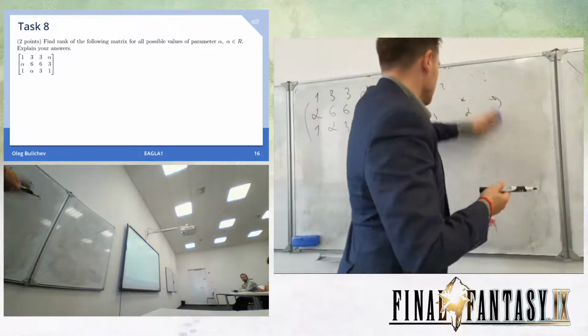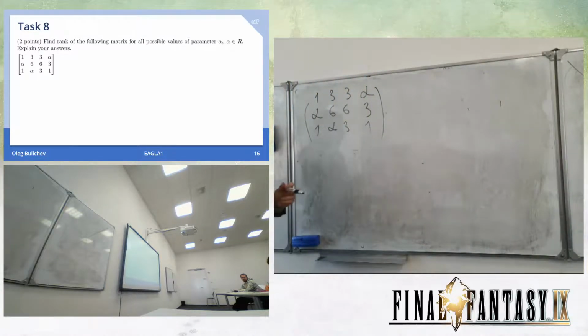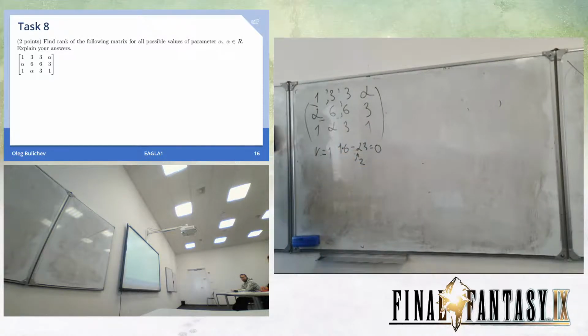What is the method? First of all, we need to find at least one 1 by 1 minor not equal to 0. Okay, at least rank 1. Nice. After this, 2 by 2. Can we find one equal to 0? Yes, alpha should be equal to 2, because 6 minus alpha times 3 equals 0. Alpha should be 2. Okay, it's not clear.